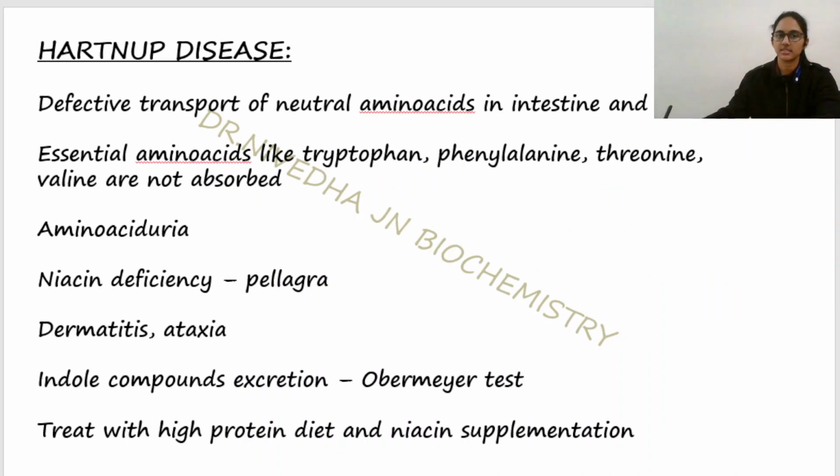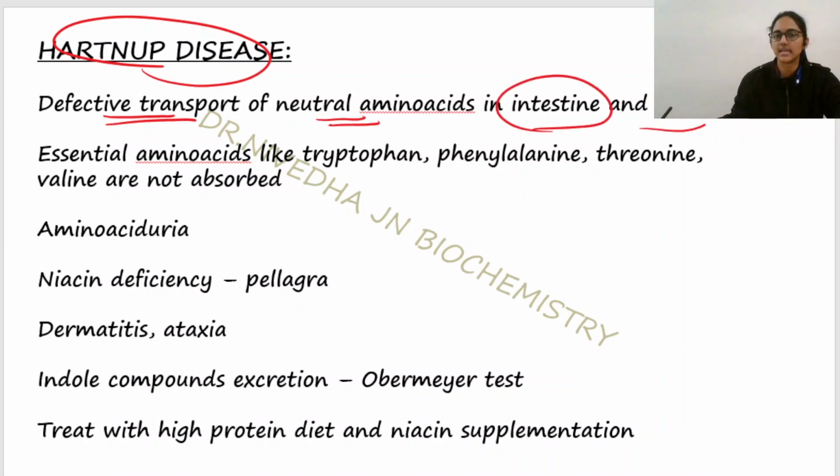So what is Hartnup's disease? It's due to defective transport of neutral amino acids in your intestine and kidney. So they are not absorbed in the intestine, and not reabsorbed in the kidney either. So they get excreted.